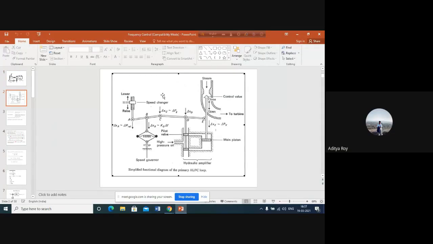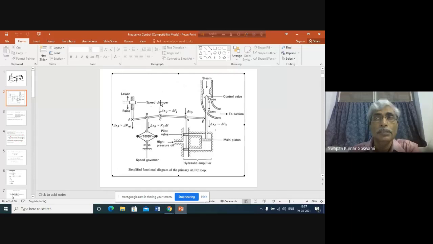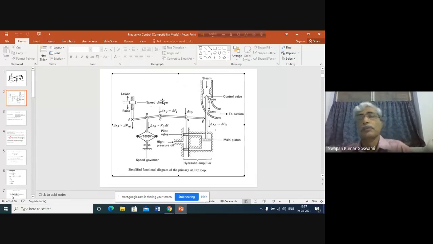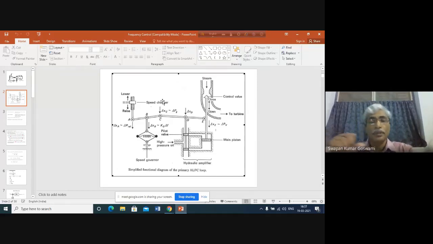Yes, sir. Okay, so we are discussing the load frequency control, or frequency control system, of the power system. Already we have discussed this, but in a nutshell, I shall again describe this a little bit and then proceed towards the mathematical modeling of the load frequency control system.